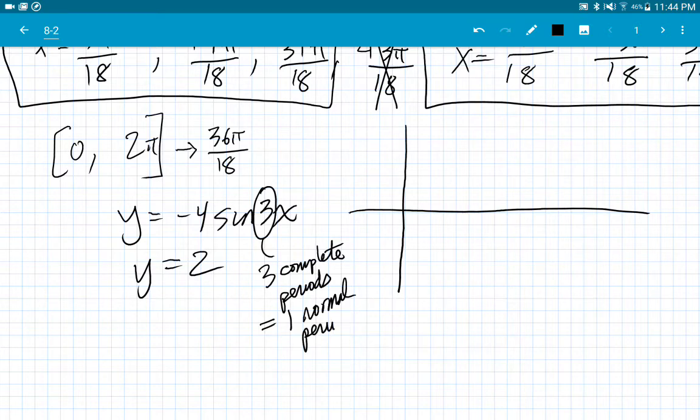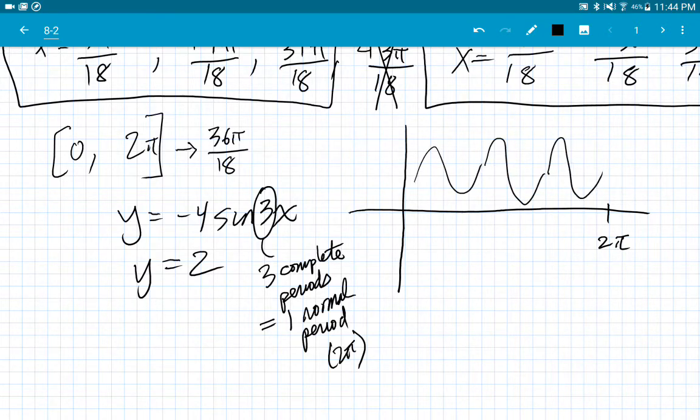And a normal period is 2 pi. So because of that, I'm going to go from 0 to 2 pi. And if I have 3 complete periods, basically what I'm going to see is a graph, I'm just going to draw a sketch here. It'll go 1, 2, 3 times in 1 normal period. So that's not really where it is because it's not shifted up at all.